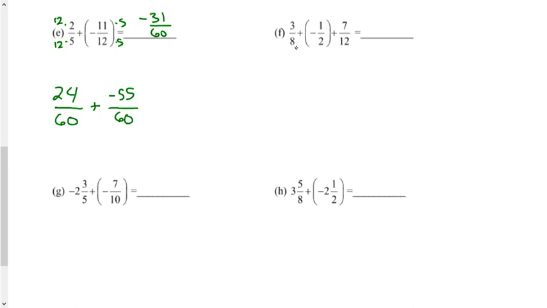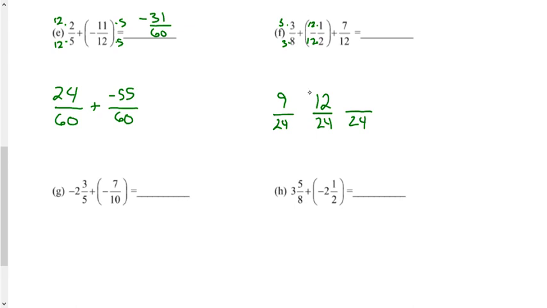Okay. 8, 2, and 12, we've got to get to 24. 24 is a nice number. It has a lot of factors. Okay, so 8 times 3 is 24, so I must have to do 3 on bottom and top. 2 times 12 will get to 24, so I've got to do a 12 on bottom and top.